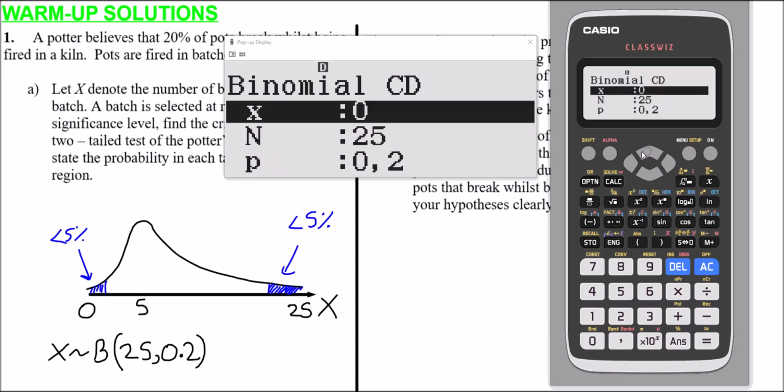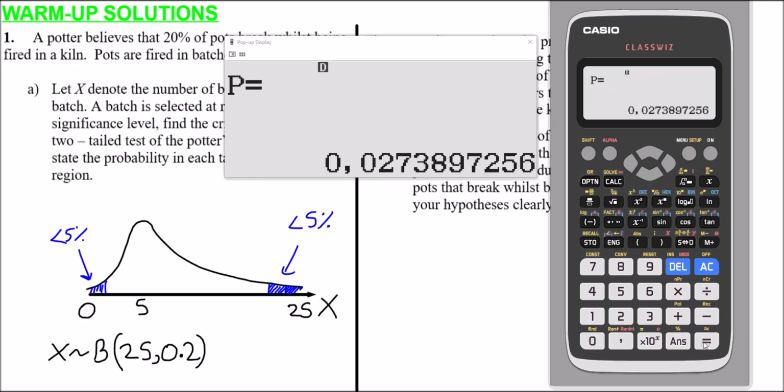And we're just going to try different values for x. We want x to generate a probability as close to 0.05 as possible without going over. We can't have this tail greater than 0.05 because then it'd be over 5%. So let's try 1. That's about 2.7%, so that's fair enough.